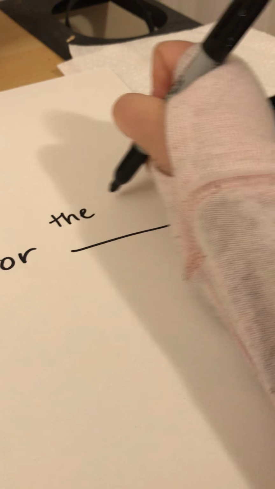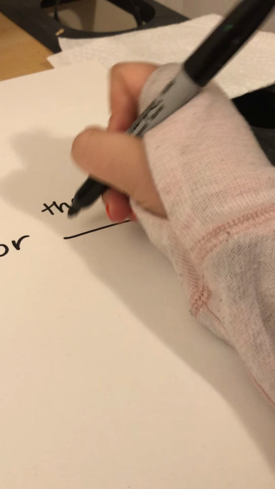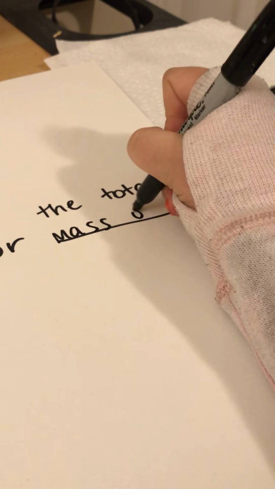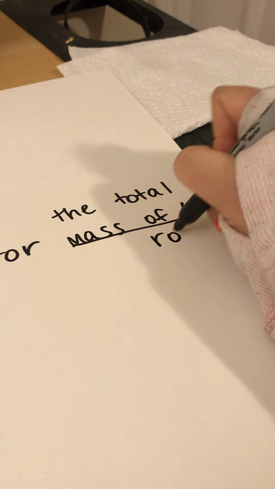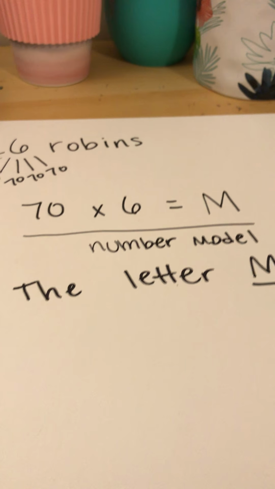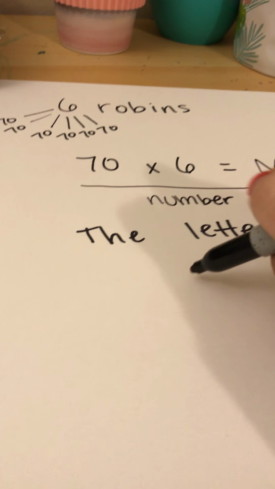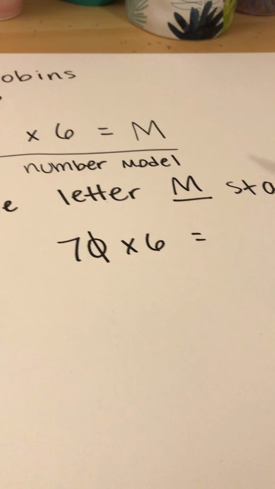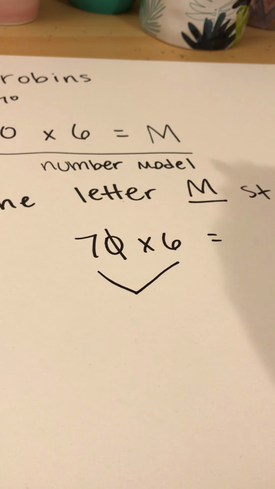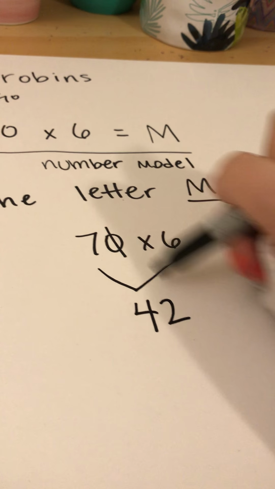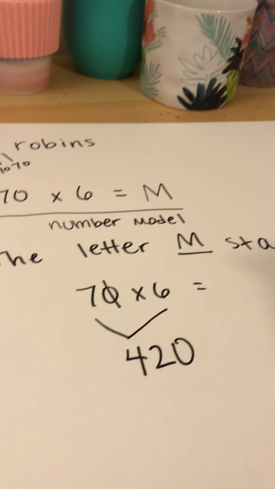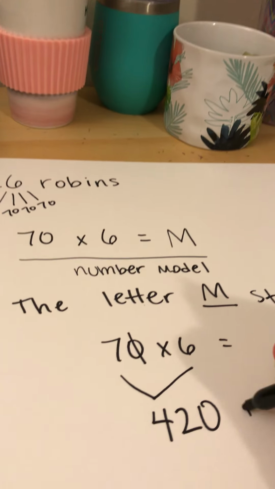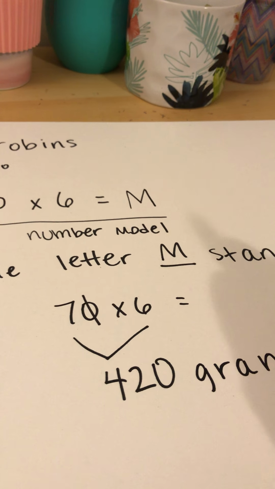So the letter M stands for the total mass of 6 robins. Okay? And then I'm going to solve my problem. 70 times 6. I like to drop the 0 at first. So 6 times 7, 42. And then add the 0, 420 grams is your answer.